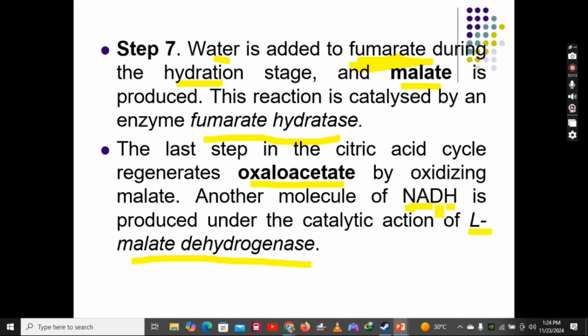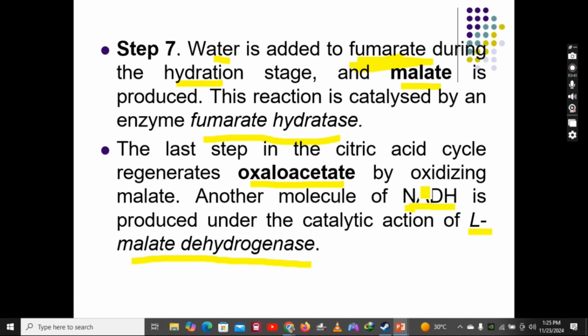So these 3 molecules of NADH and 1 molecule of FADH2 will enter the electron transport chain, and this is where a lot of ATP will be produced, because that is oxidative respiration, where oxygen is needed. Oxygen needs to be present in the electron transport chain, and this is where the NADH and FADH2 are very, very important.